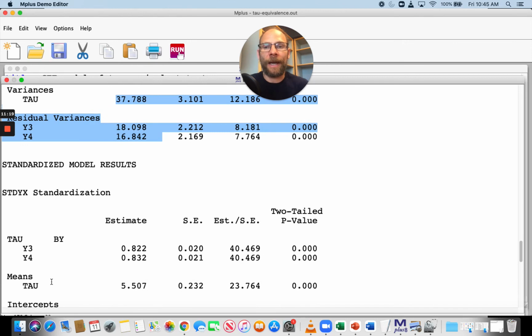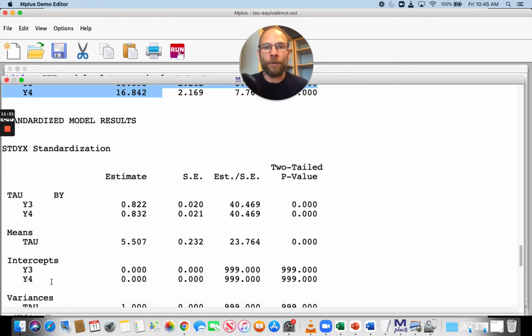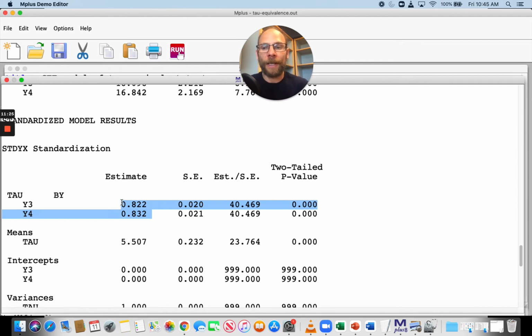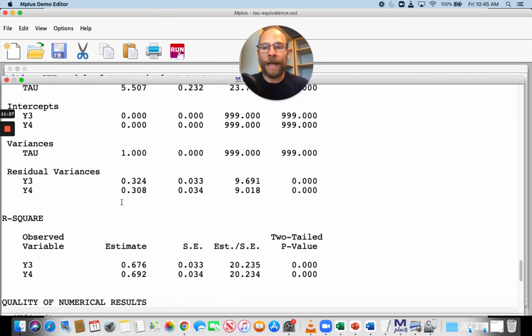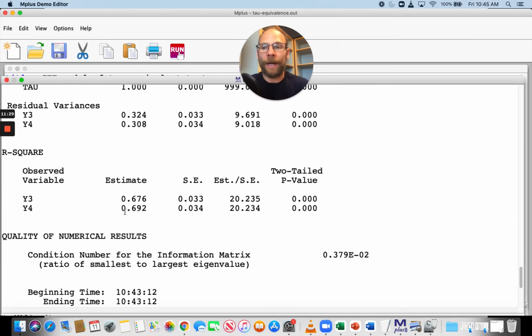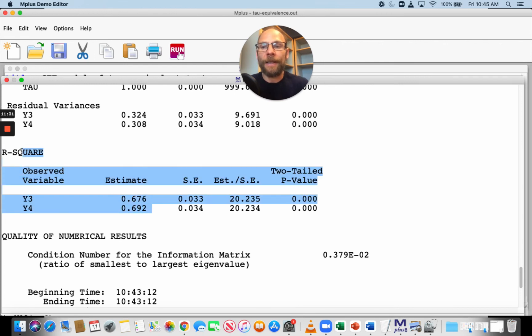So STDYX here is the completely standardized solution in Mplus, which provides the standardized factor loadings, and at the very end also provides R². R² in this case here are the squared standardized factor loadings. And so those are equal to reliability. That's the same thing as the reliability coefficient that I showed you earlier.